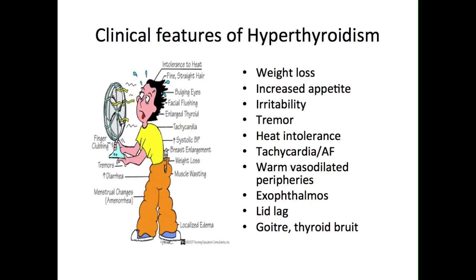These include weight loss despite having an increased appetite, irritability, tremor, heat intolerance, tachycardia, warm peripheries, exophthalmos, lid lag, and a goiter. The presence of a thyroid bruit is also a strong indicator that there is active thyrotoxicosis.